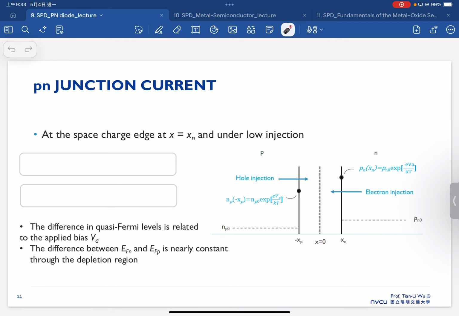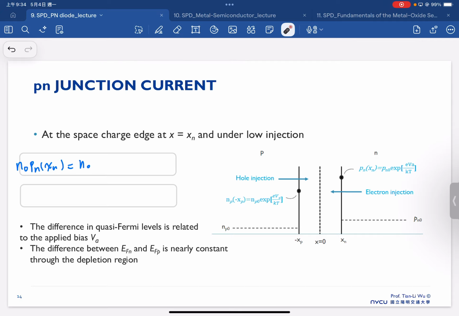So we will continue to move on to understand how the PN junction current is formed. At the space charge edge at x equal to xn, and under the low level injection condition, n0 times Pn(xn) is equal to n0.